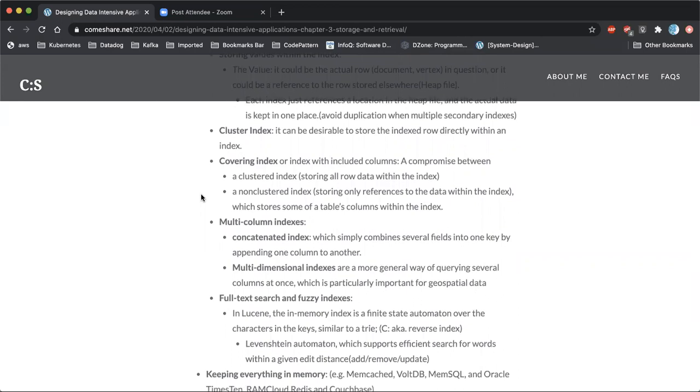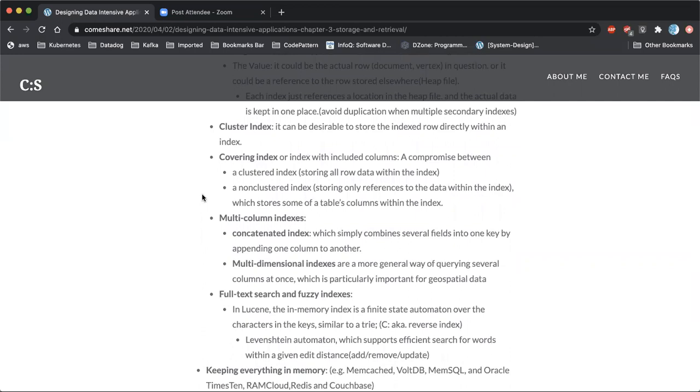Non-clustered is where we have the link. I forgot, actually: non-clustered indexes store only the references. We have both in relational databases, from what I know. I don't know how NoSQL handles clustered versus non-clustered.